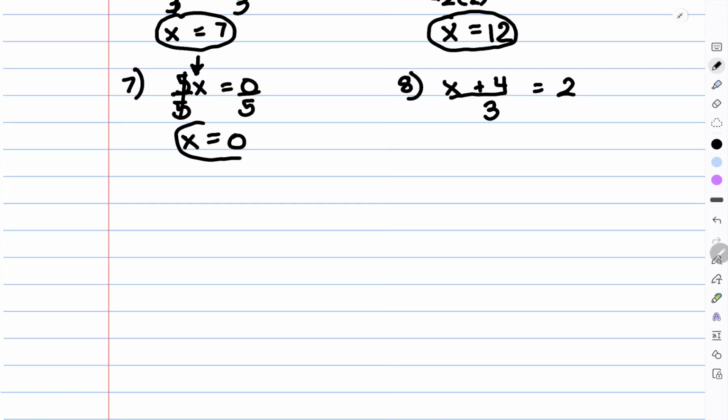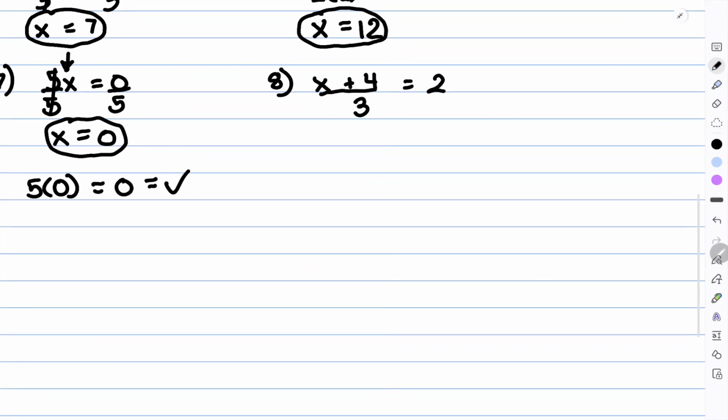So x equals 0. If we wanted to check, let's see. 5 times 0 equals 0. 5 times 0 is 0. So it is correct.